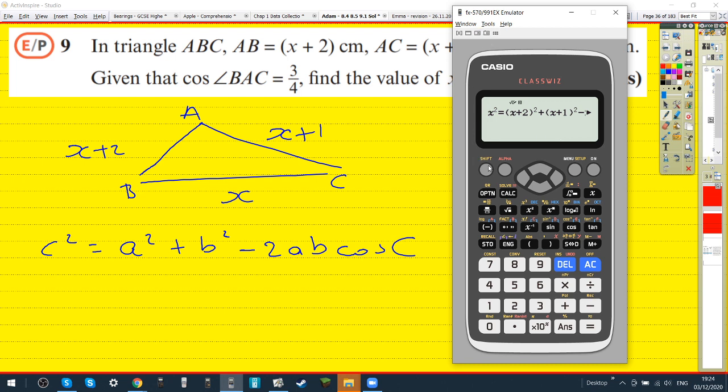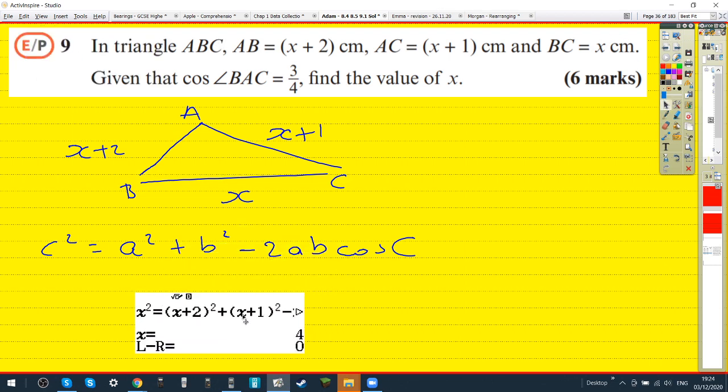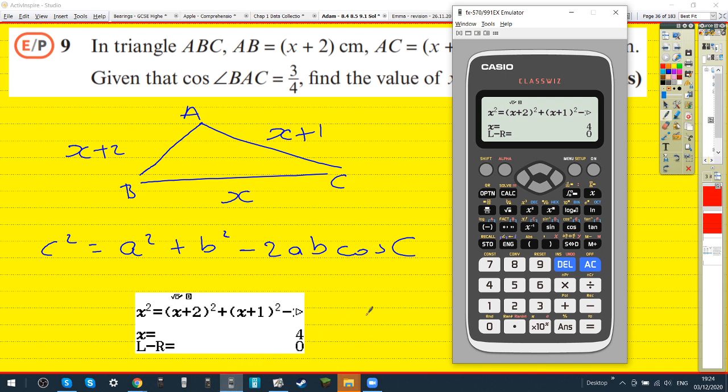Yeah, x squared equals brackets x plus 2 squared plus... Oh no, I didn't put the plus in between, that's why. See if you can edit it. Okay. I got, yeah, x is 4.